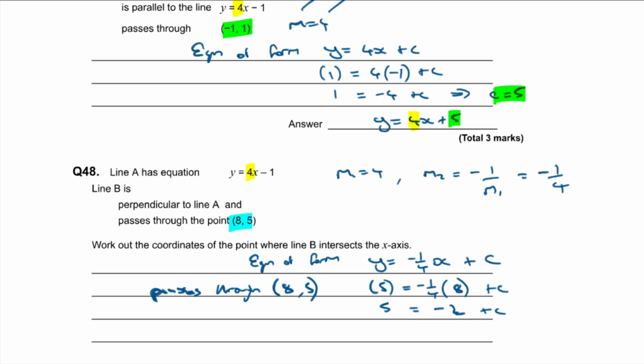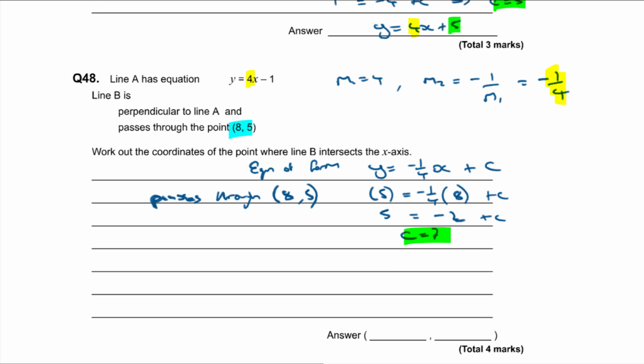So rearranging for c, c is equal to 7 then, isn't it? So now I know the gradient, it's minus a quarter, and I know c, it's 7. So piecing that together, my equation is y is equal to minus a quarter x plus 7. Okay, so plonking in the gradient, plonking in the intercept.